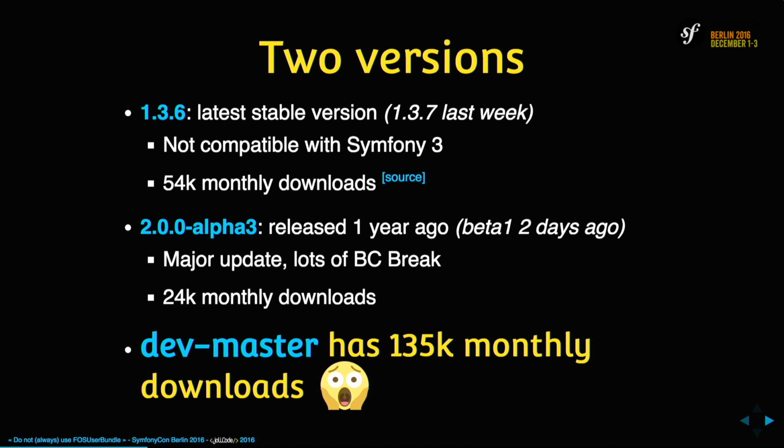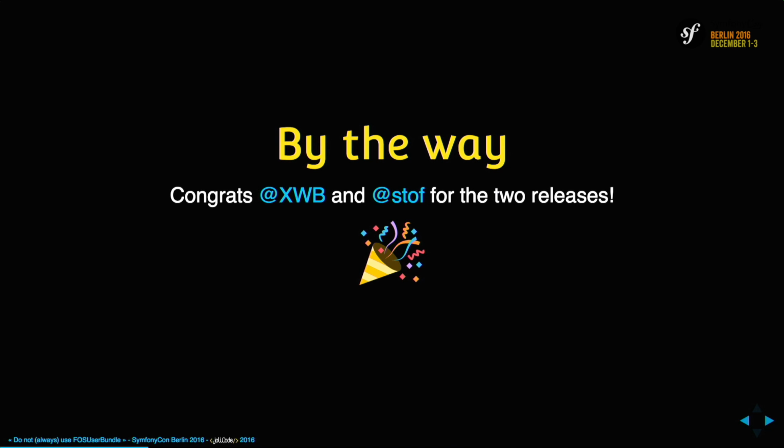That's because the 2.0 branch was not released for a long time, but there were a lot of pull requests and a lot of work done on it. But since two days ago, you can install the beta 1 and finally not have dev-master in your composer file. So thanks to Wouter and Christophe for those two releases and for all the great work they are doing on the bundle.